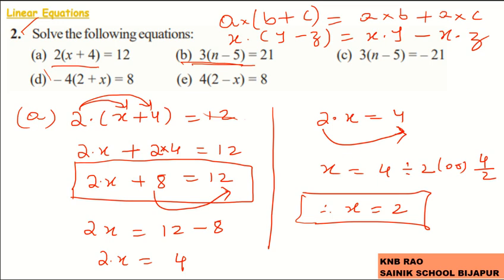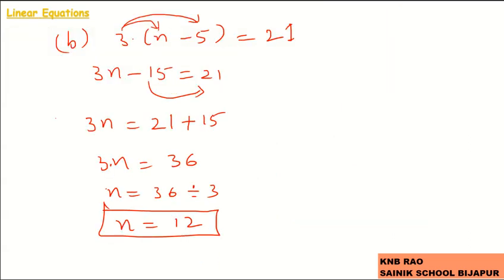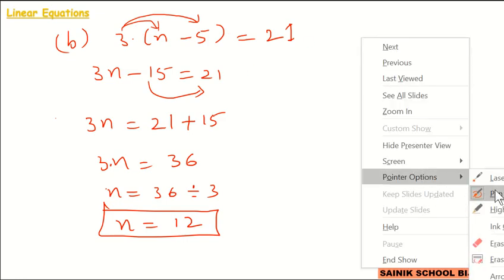Students, here, if you want to solve this one, there is just a sign change. Let us take the changes. What happens? I am taking a different color for that.